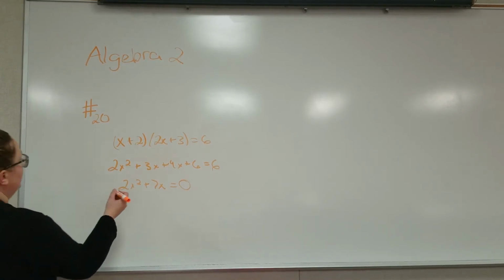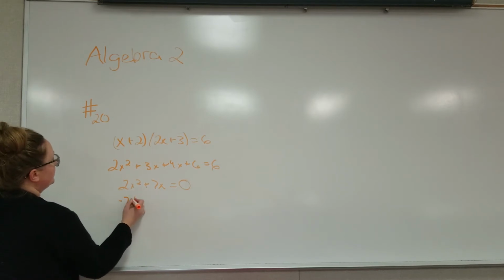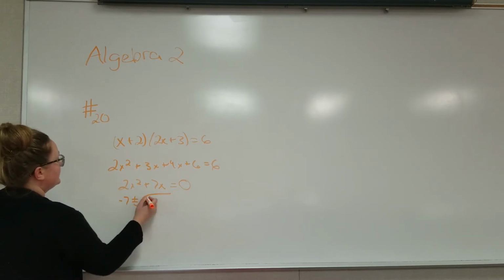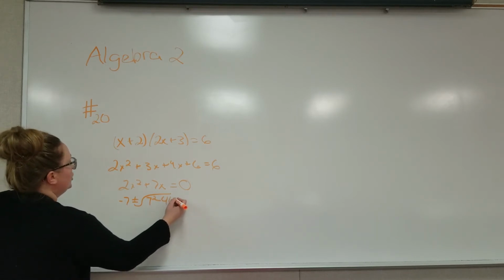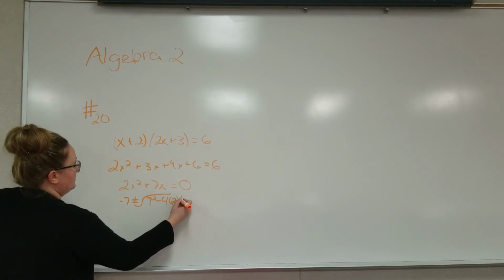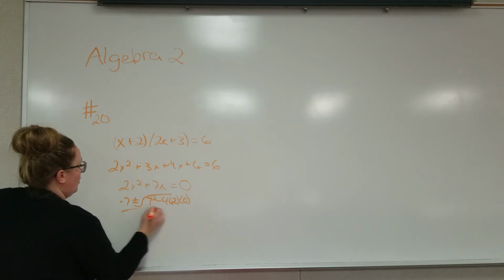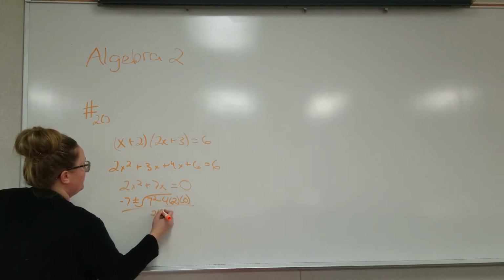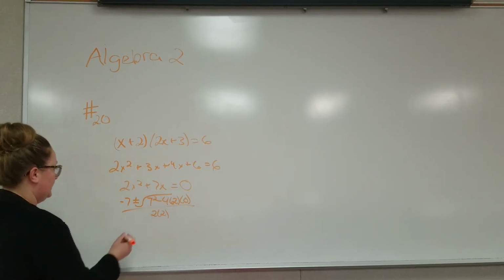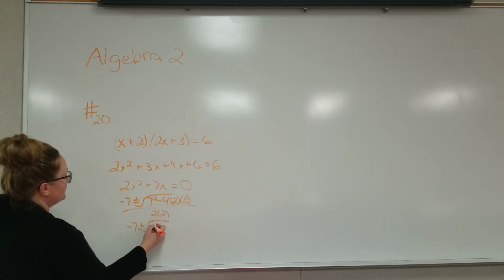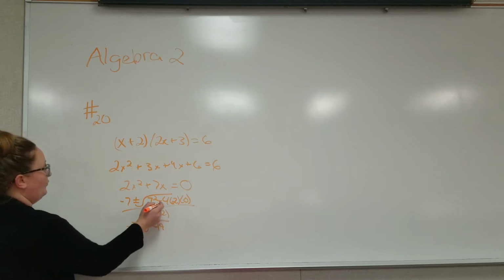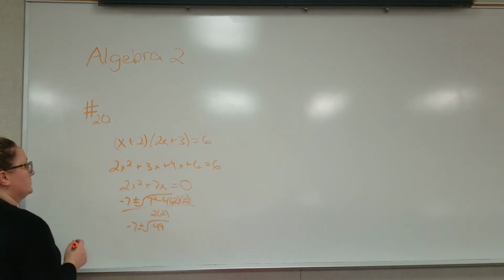So negative b, which is negative 7, plus or minus square root of 7 squared, minus 4 times a, which is 2, times c, which is 0, over 2 times a, which is 2. All right, so it's negative 7 plus or minus square root of 7 squared is 49, and then 4 times 2 times 0, all of that cancels.